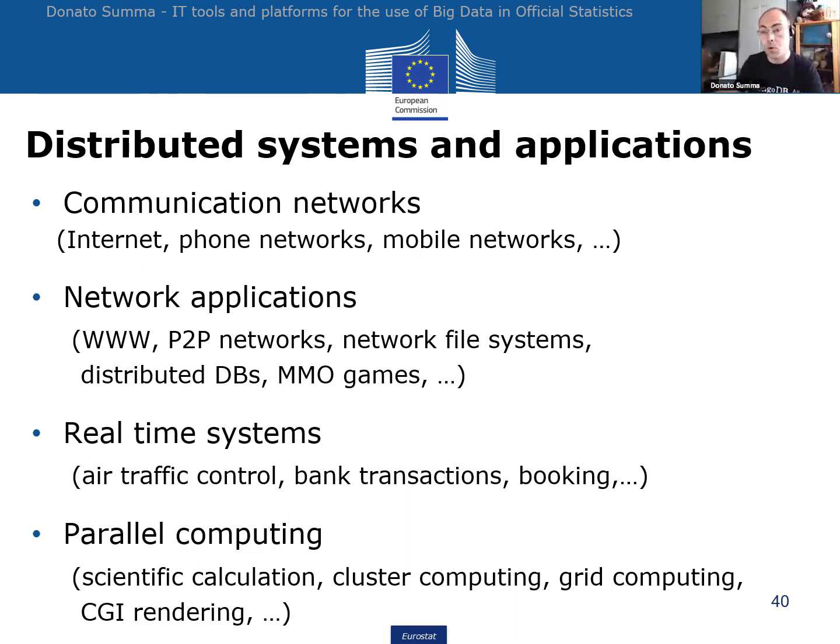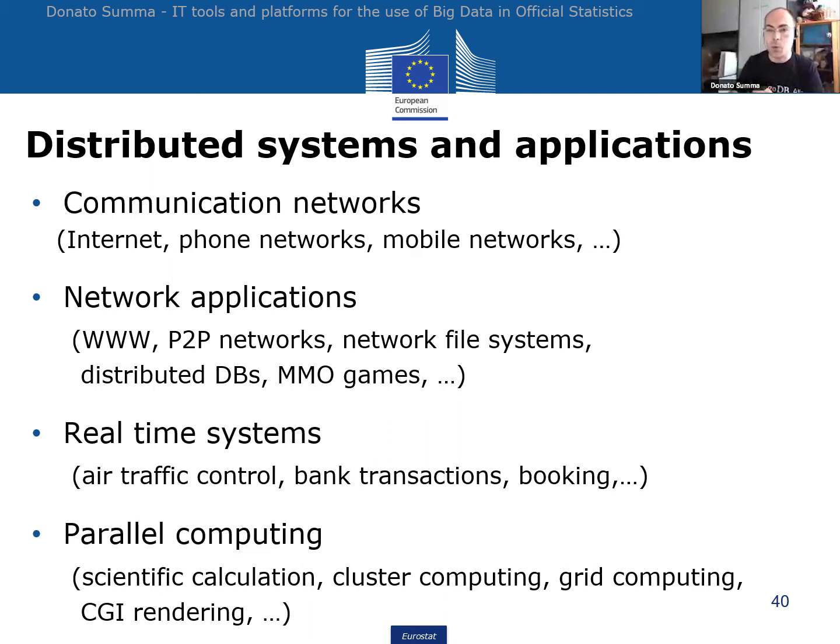and of course also the so-called parallel computing that is used when we need to do some very specific work, such as scientific calculation or cluster or grid computing, computer graphic imagery rendering.